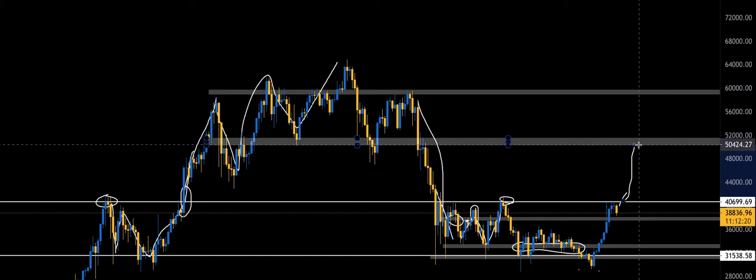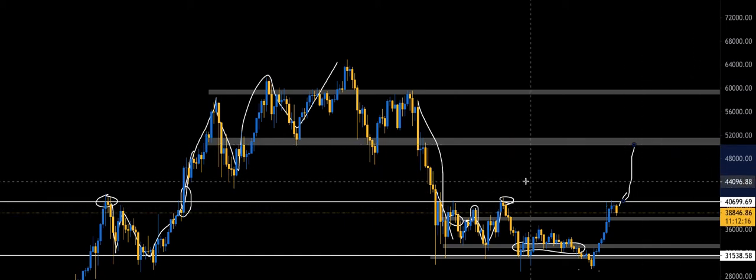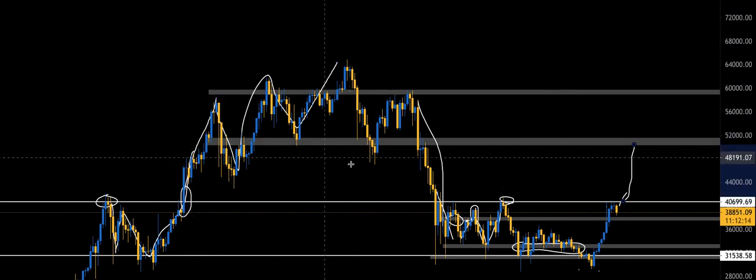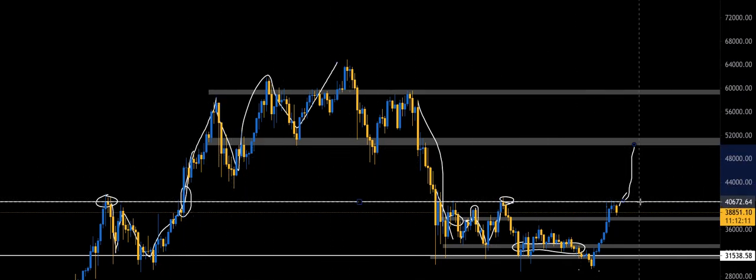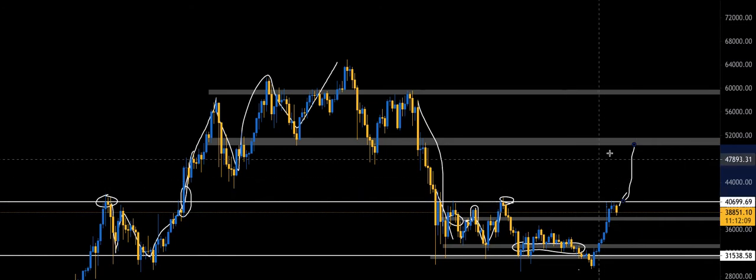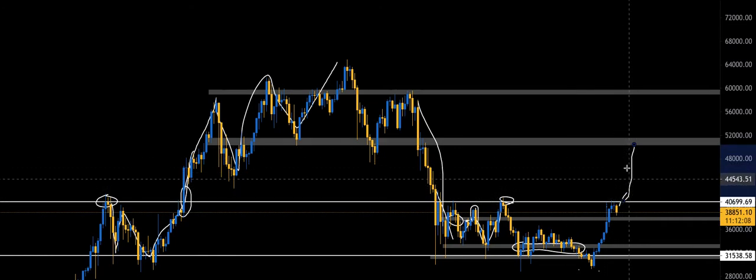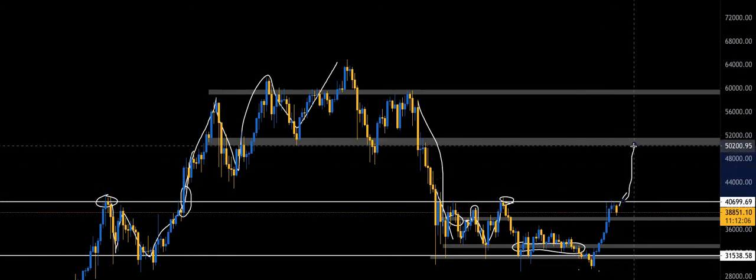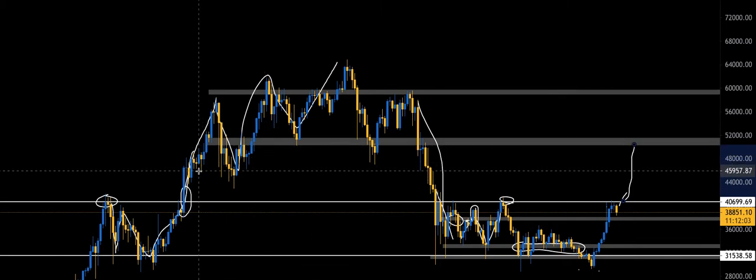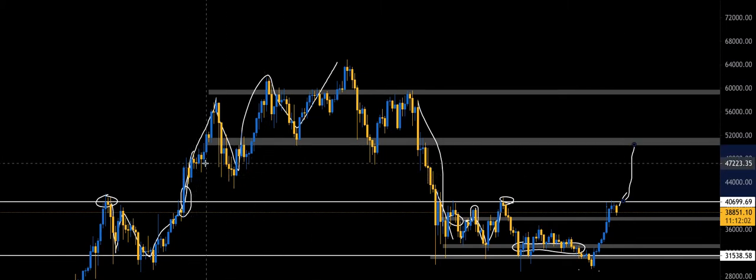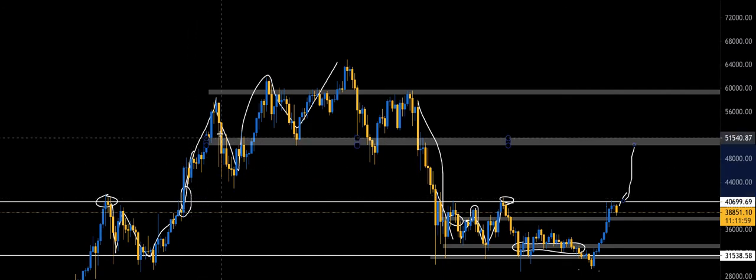And why do we believe it will reach this $50,000 zone? Because we don't see any other strong resistance after the $40,600. We don't see any other strong resistance right here until the $50,000. We don't see any other resistance that will keep the price from increasing. Okay.